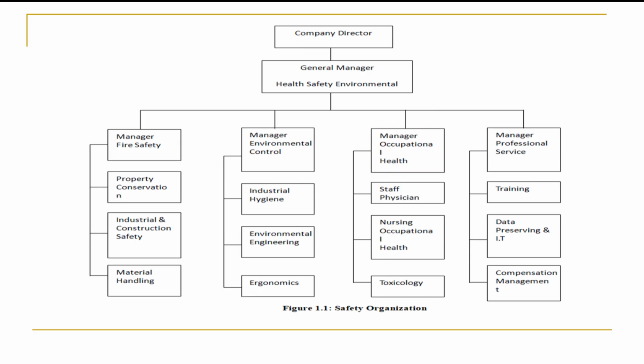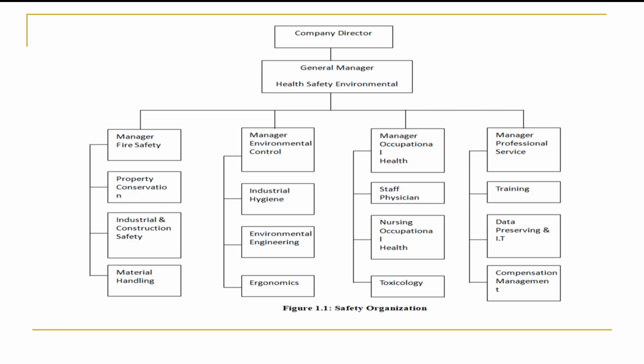Another manager is called occupational health. This manager mainly protects the health of industry employers, workers and staff, with physicians and nursing, occupational health, and protection from various toxicologies. Another manager handles professional service related to industrial safety.